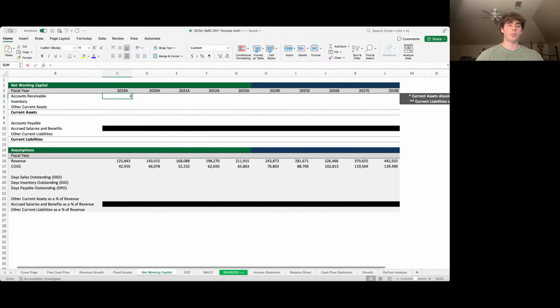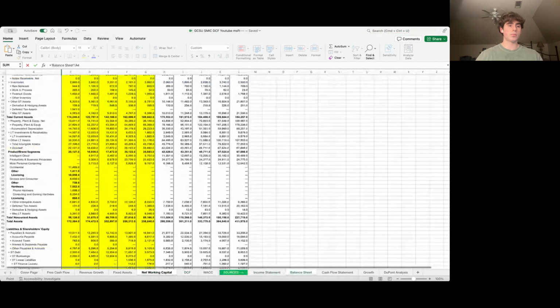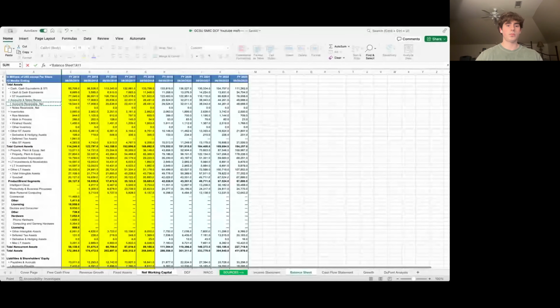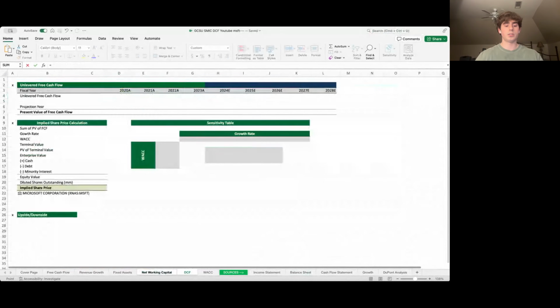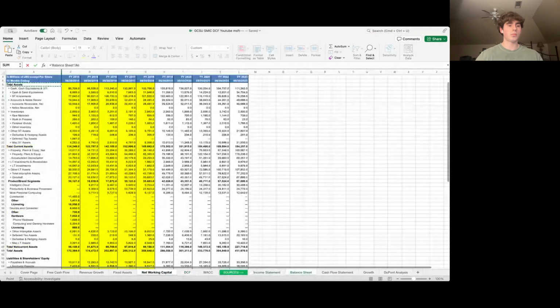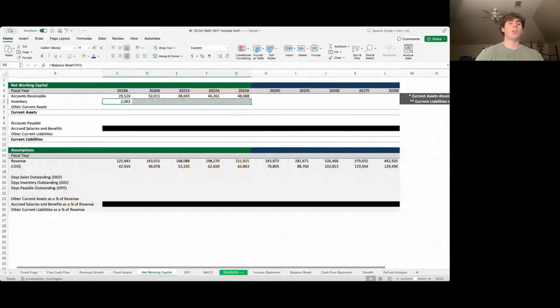So fill in previous accounts receivable. Shift right, Command R. Same for inventory. Shift right, Command R. For other current assets, we're actually going to solve for this.